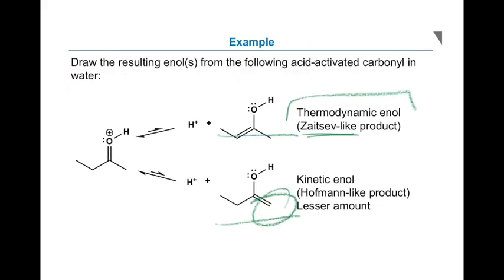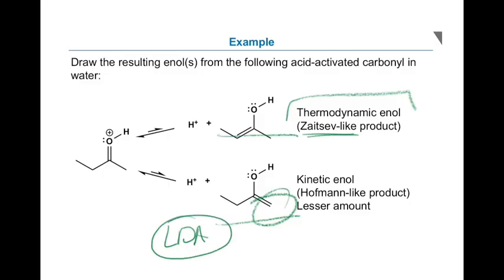We can use conditions where the left and right geometry are things we can select between. If you deprotonate under what we call thermodynamic conditions, where equilibration is possible, you'll always get the more substituted enol. If you deprotonate it under fast, irreversible conditions, you will get the kinetic one. Just generally, kinetic would be things like LDA, super strong, fast bases.